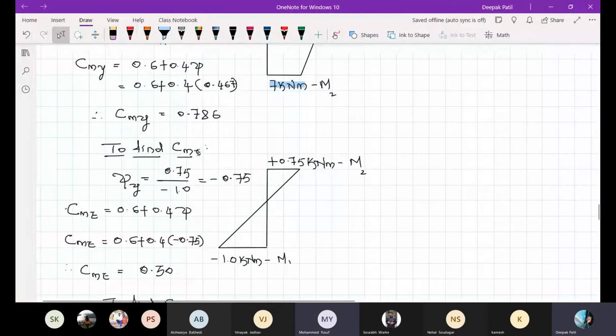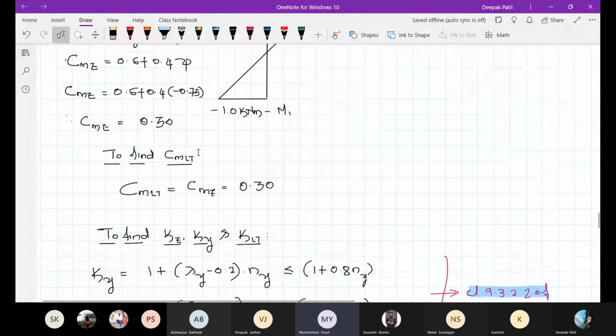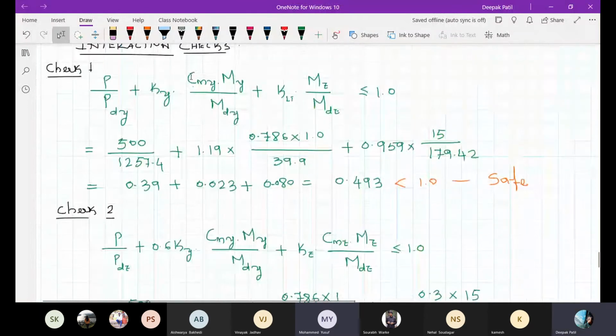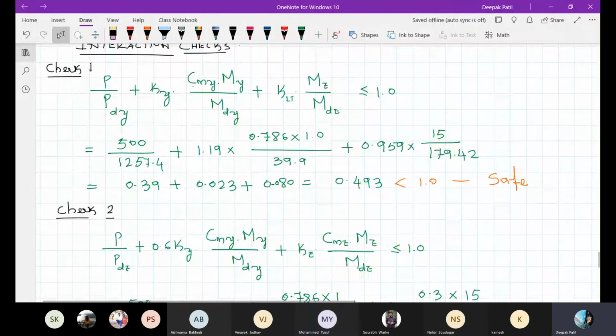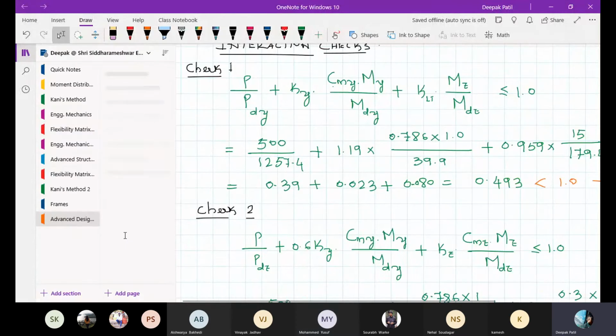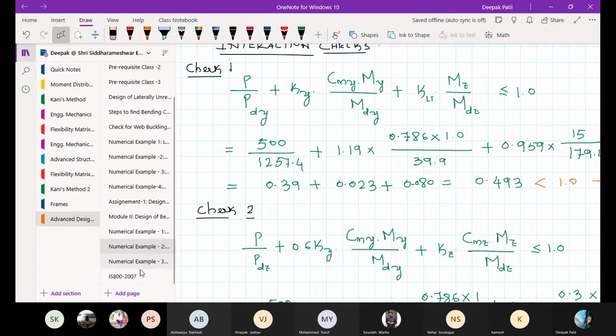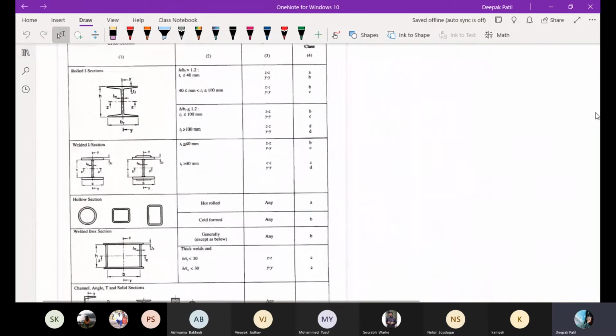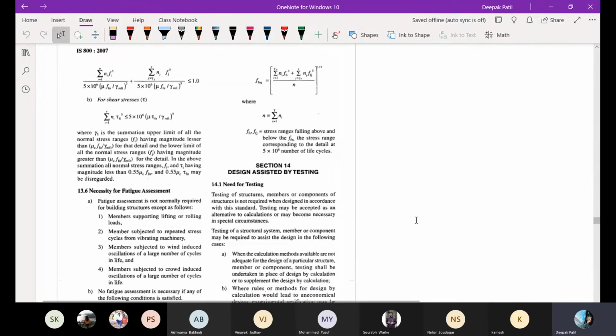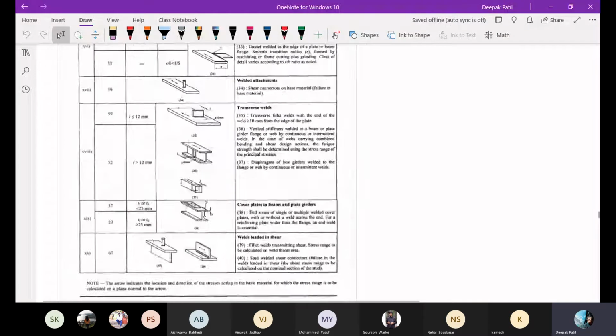Yes, sir. So that last check, can you show us in the code book? Yeah, these formulae. Yes, sir. Yeah, I will show you. So you have to go for IS 800 and then you have to go for clause 9.3.